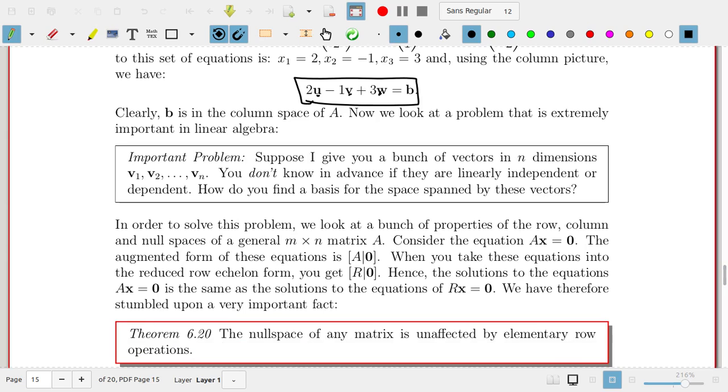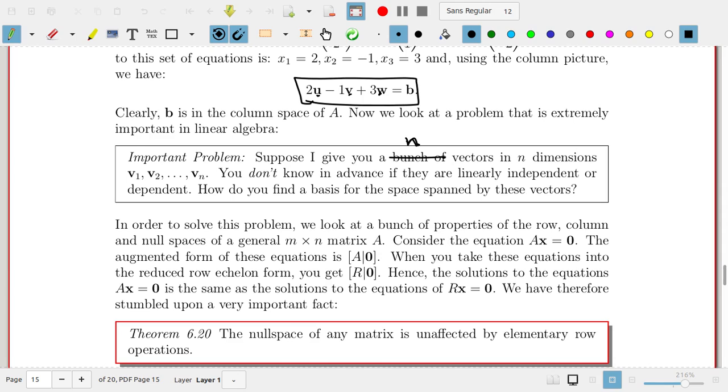Now here's a very important problem in the theory of vector spaces. Suppose I give you a bunch of vectors in n dimensions, v1 all the way through vn.